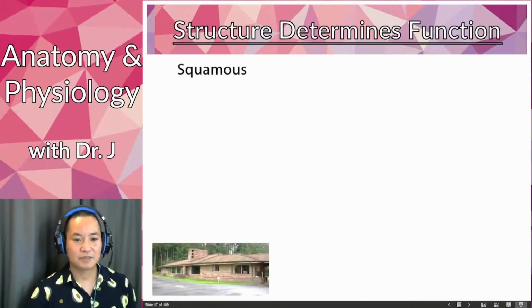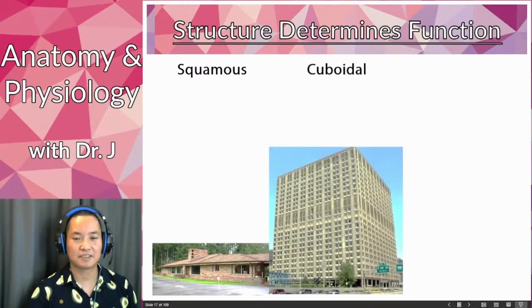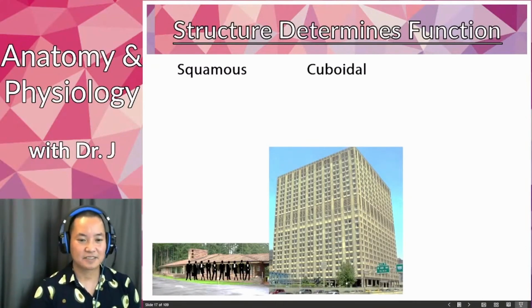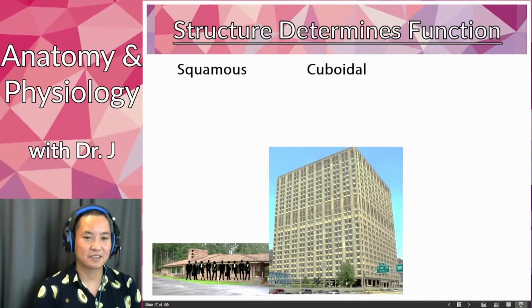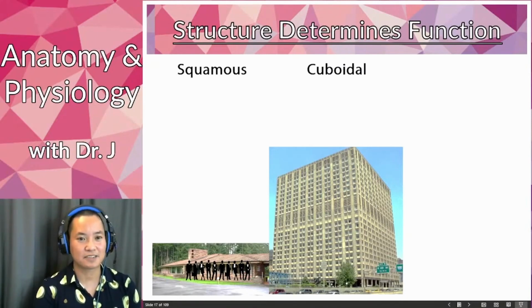So think about it this way: squamous is a flat but not very tall structure. Cuboidal is about as wide as it is tall. Think about those enzymes in the cell. They're like little workhorses that help to process all these chemicals. Now if you're starting a company, where can you have your headquarters and hire more workers?